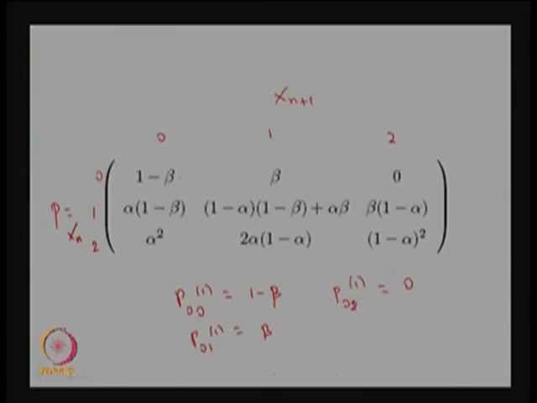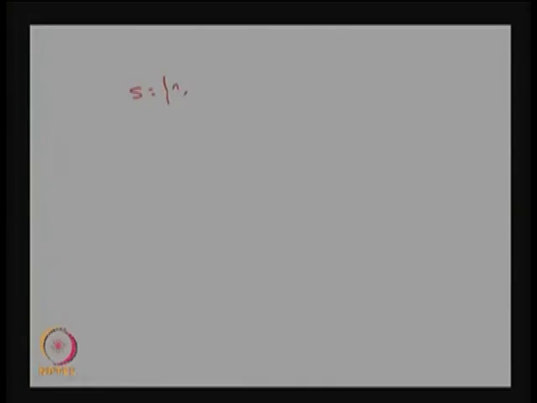The same one step transition probability matrix can be visualized with the state transition diagram. In the state transition diagram, you make the state space the vertices or nodes, and the weights of the directed arcs are nothing but the one step transition probabilities of the system moving from one state to another.